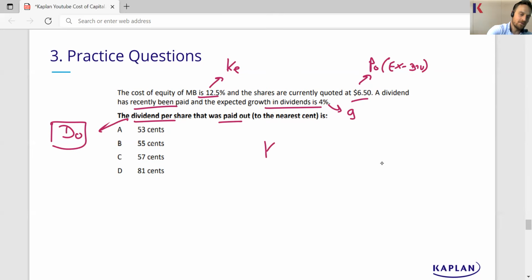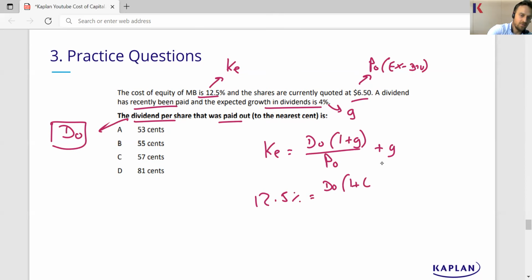I know most qualifications give you this formula, but you use it so much that you do start to remember it anyway. So if we fill in the blanks, 12.5% equals D0, which we don't know, times 1 plus G, which is 4%, so 1 plus 4%, over P0, which is 650, plus G, which is 4%.